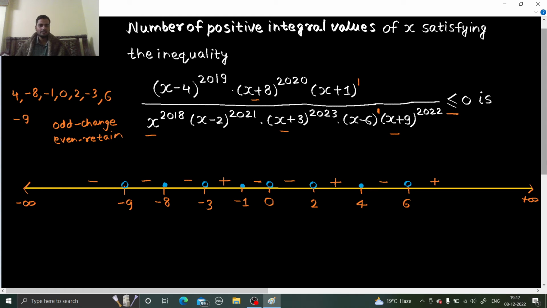After we have done this, let's write our answer. We'll say x belongs to, since they are asking less than or equal to 0, all the regions of negative values: -infinity to -9, open bracket, -9 is not included, -9 to -8.